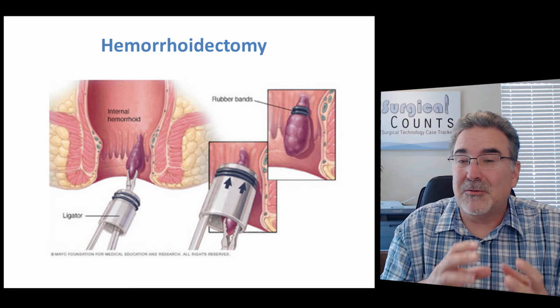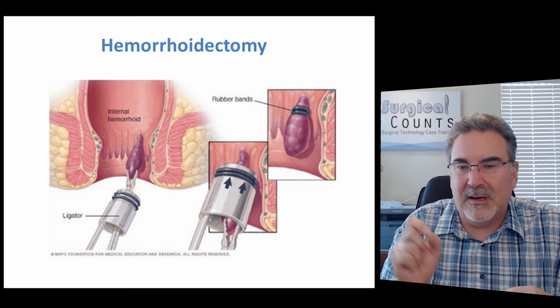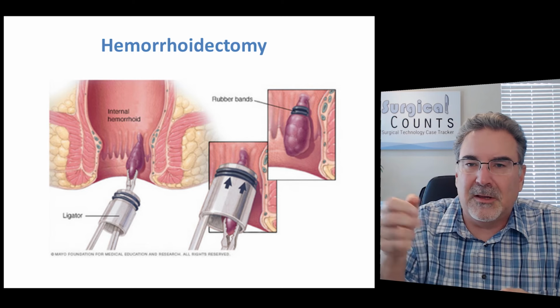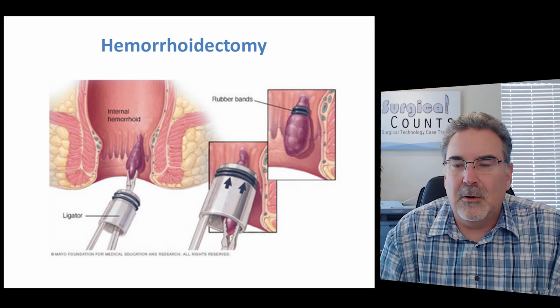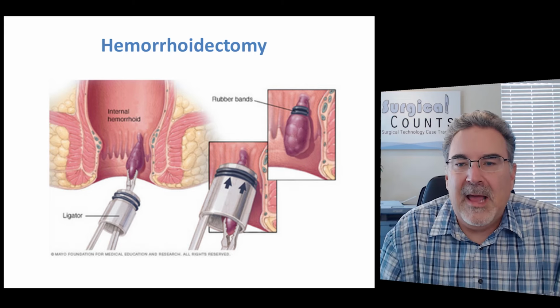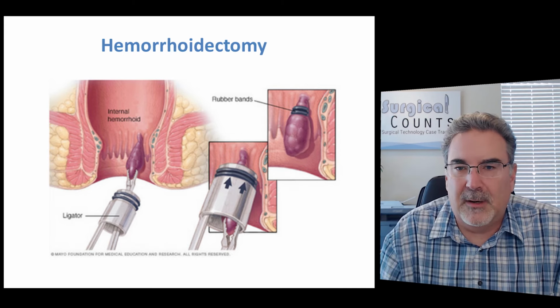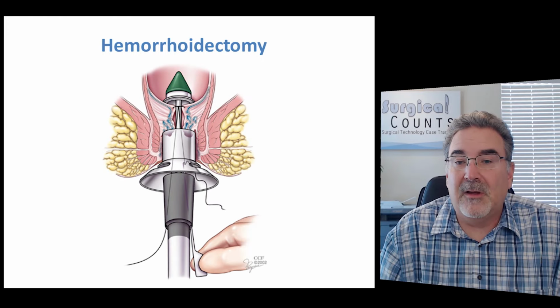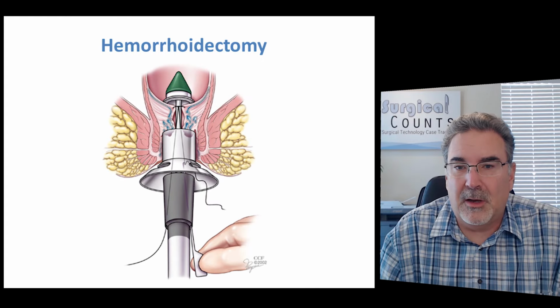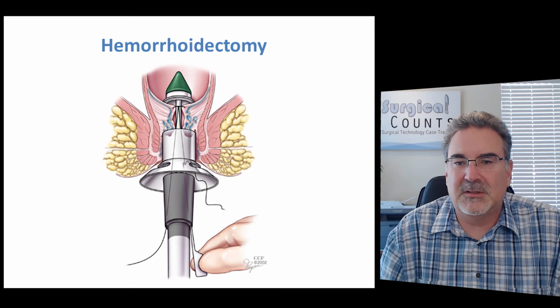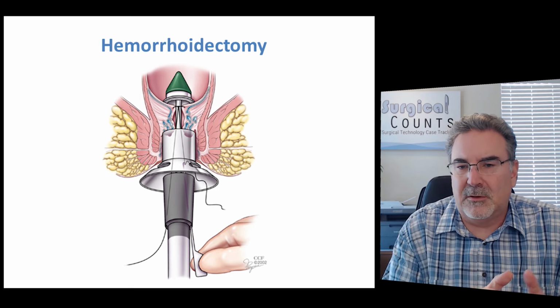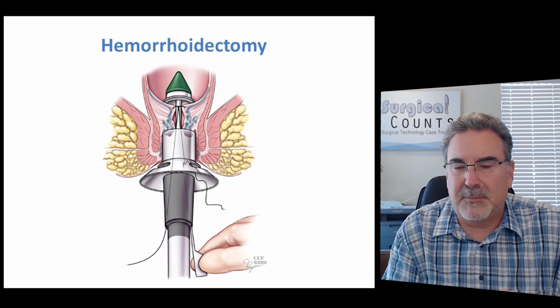So without doing any surgery, without doing any suturing, we put these rubber bands on there, it seals it off, and in a couple of days or weeks, that's going to fall away and fix the problem with that hemorrhoid. Now, another way of doing it, if you have a lot of hemorrhoids going on, is to use, again, the EEA stapler, the end-to-end anastomosis stapler, but with this little cone, a little speculum.